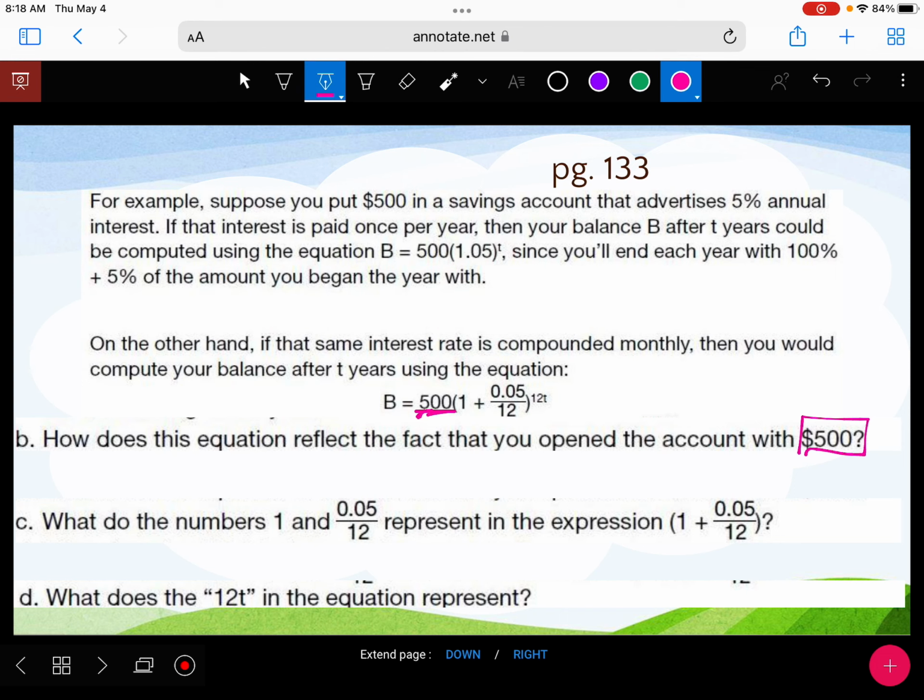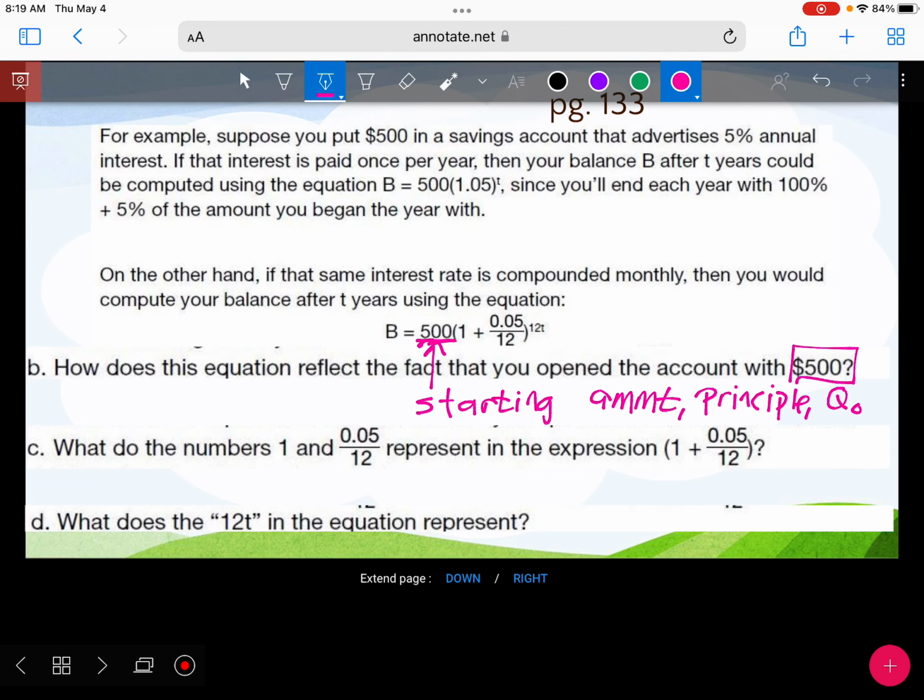So even if I didn't say that sentence of what we started with, you could find it because that's our starting amount, or our principal, or you can do Q naught. Part C we've already talked about really because that was in part A. They just like to ask you twice because they were being extra.